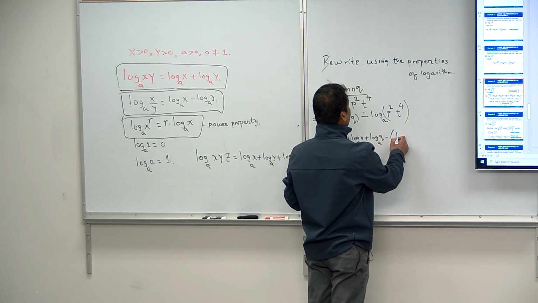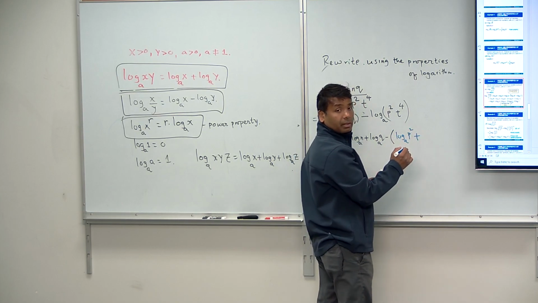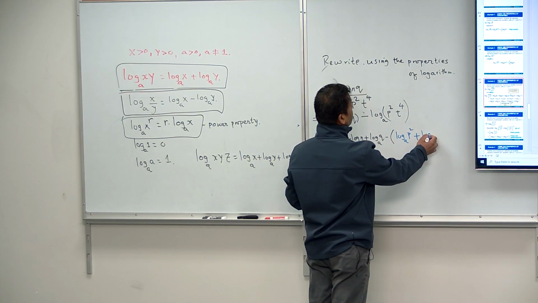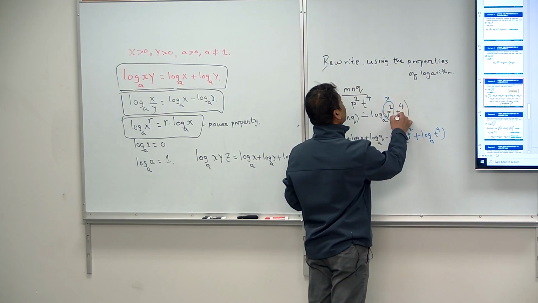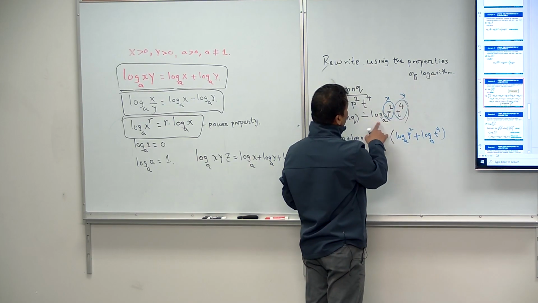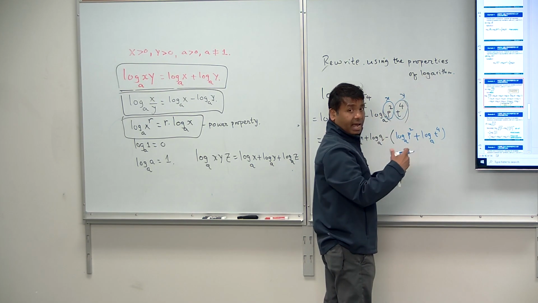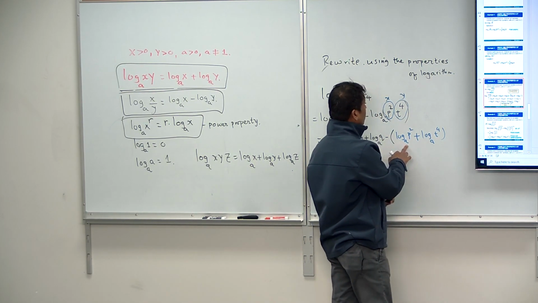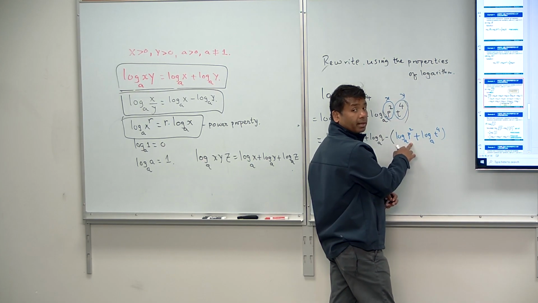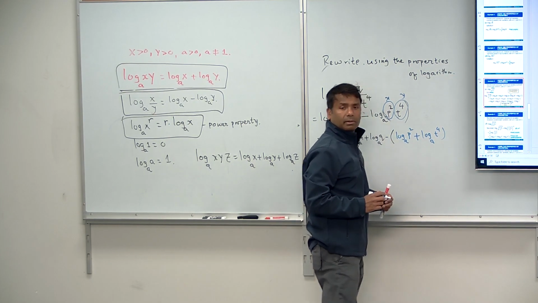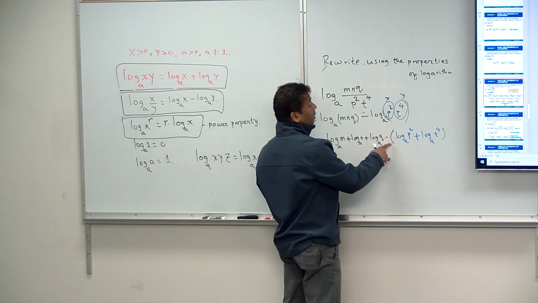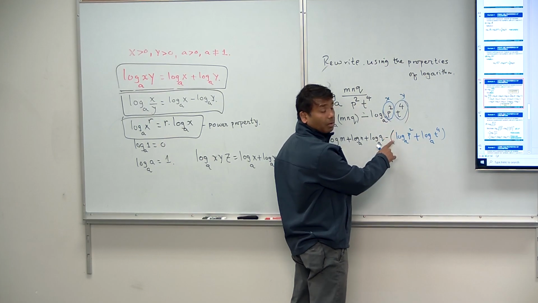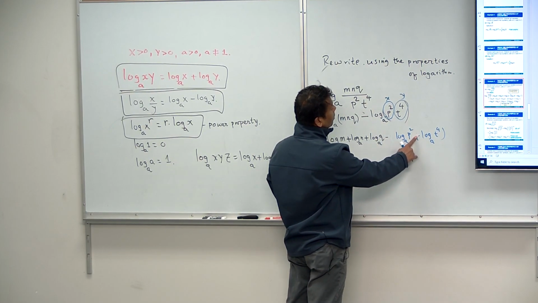So this is the same as logarithm with base a of p squared plus logarithm with base a of t to the power 4. You consider this as x and this as y, so logarithm with base a of x times y is logarithm with base a of x plus logarithm with base a of y, but your x is p squared. Make sense? So now you distribute this negative. If you distribute this negative, this will be negative and this will be negative.